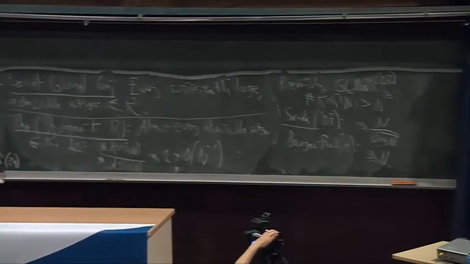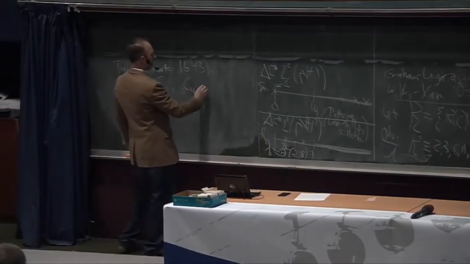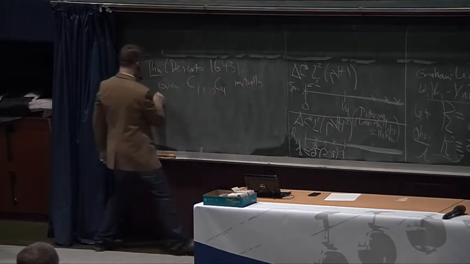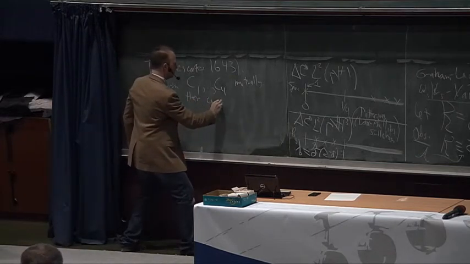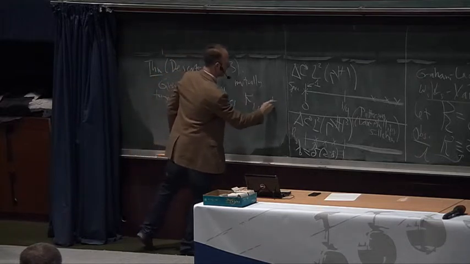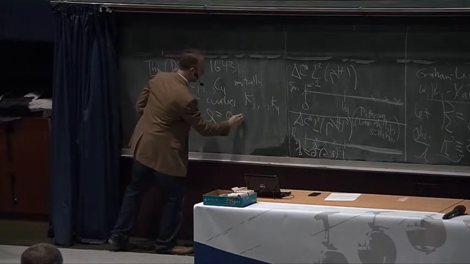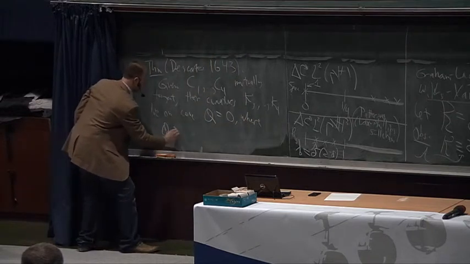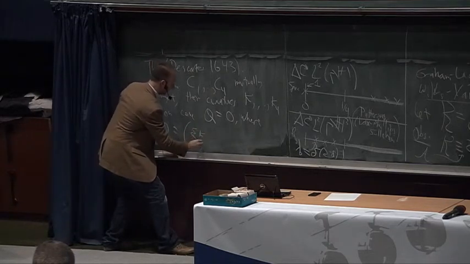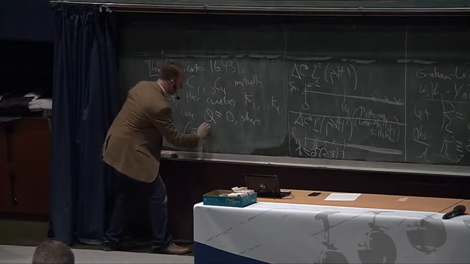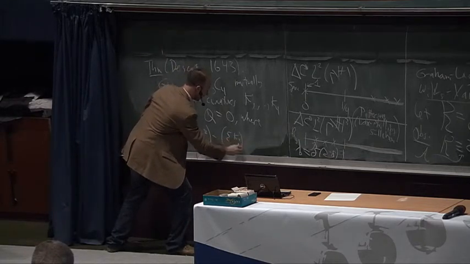It says if you have 4 mutually tangent circles, given circles C1 through C4 mutually tangent, their curvatures, kappa 1 through kappa 4, lie on the cone Q equals 0, where Q is the quaternary quadratic form, twice the sum of the squares of the entries minus the square of the sum of the curvatures.